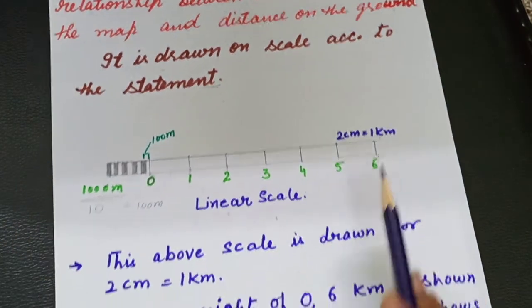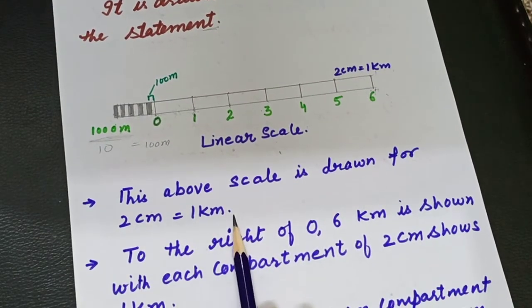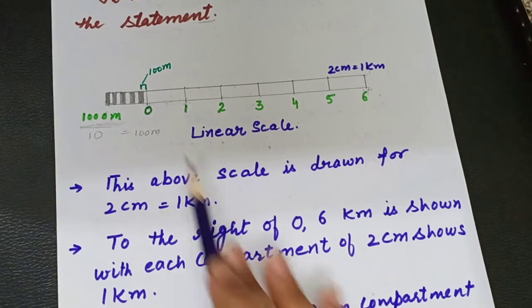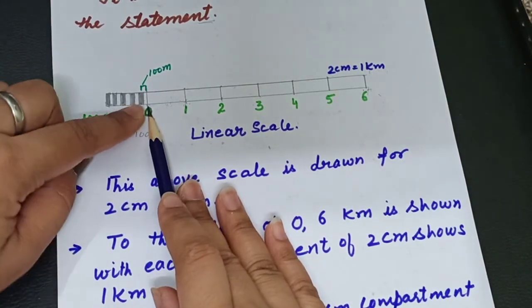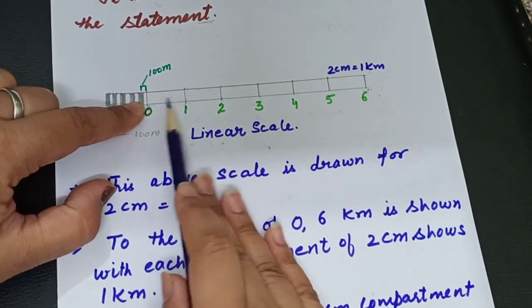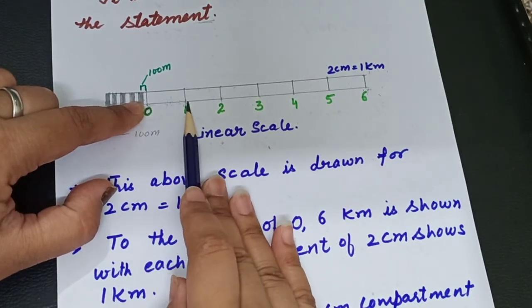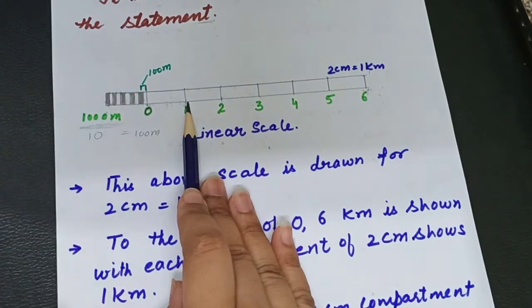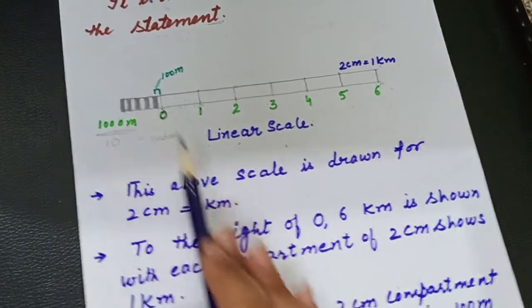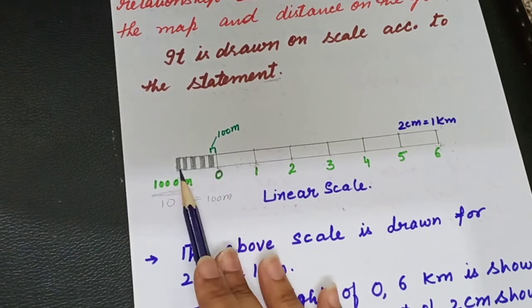To the right of 0, 6 kilometers are shown and each compartment is showing 2 centimeter, which is equals to 1 kilometer. And to the left of 0, we have one compartment, that is 0 to 1, that is of 2 centimeters.